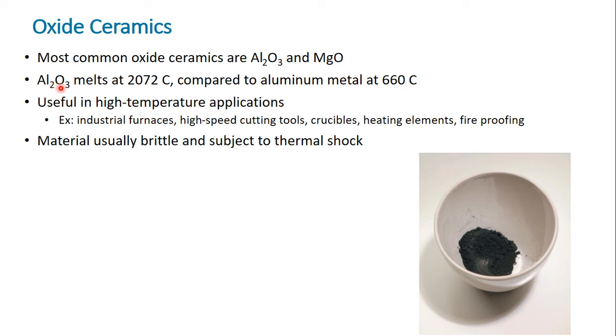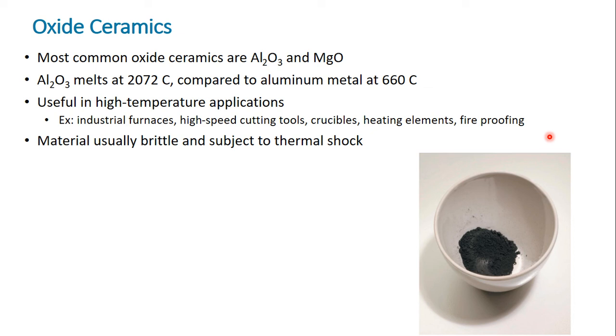Aluminum oxide has a melting temperature of 2072 C, compared to straight aluminum metal, which melts at 660 C. So these oxide ceramics are usually used in high temperature applications. Think of furnaces, cutting tools that generate a lot of heat, crucibles. We've used crucibles in the lab. That's what we use to hold things while we put a flame underneath it. Also different heating elements, and fireproofing.